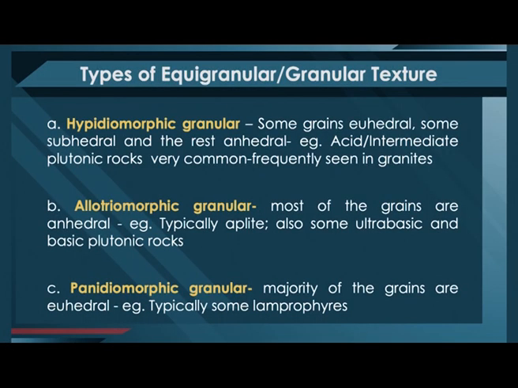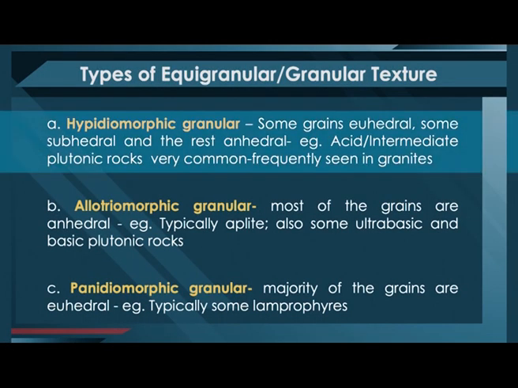The best examples are given by acid or intermediate plutonic rocks like granites, syenites and diorites. They give this hypidiomorphic granular texture. The best example is granite. Remember that not all acid rocks will give this, only plutonic igneous rocks of acid or intermediate composition will show this texture.